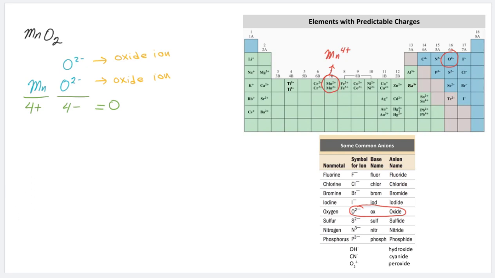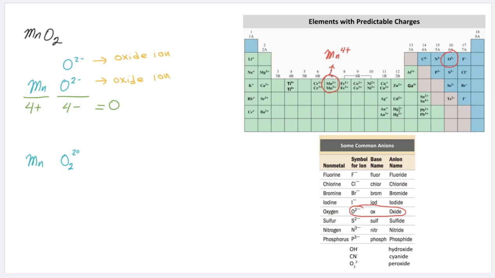But what if we try the peroxide? Would that work? Okay, so let's see. Let's do exactly the same. We have manganese here, and instead of using the oxide ions, we're going to use now the peroxide ion.